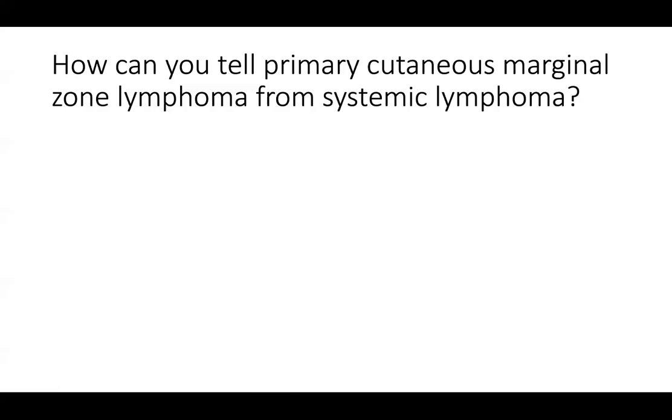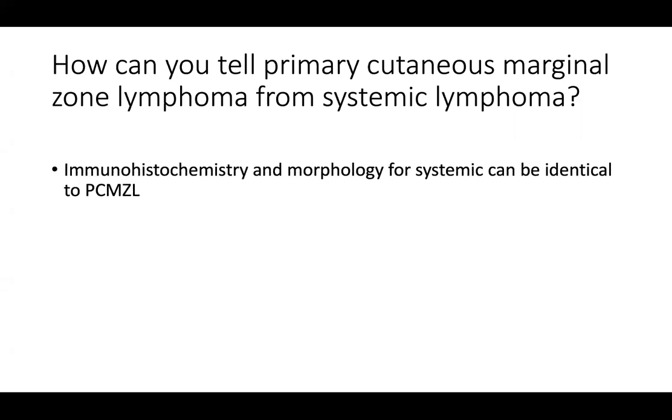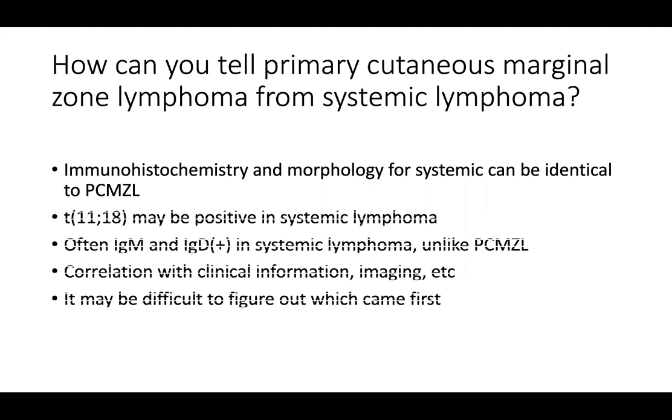How can you tell primary cutaneous marginal zone lymphoma from a systemic lymphoma? So you can use immunohistochemistry and morphology, as we talked about, but the problem is that primary and systemic can be identical. So the translocation t(11;18) may be positive in systemic lymphoma.